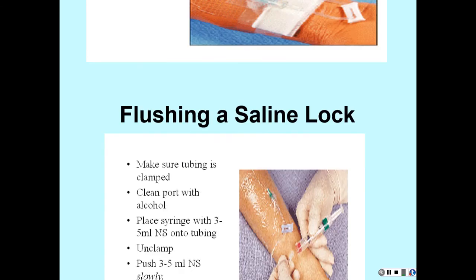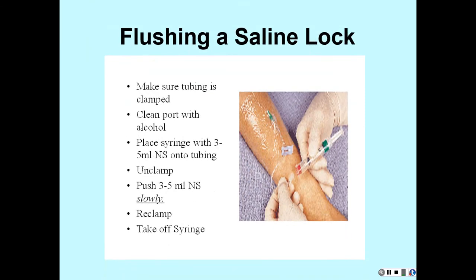Okay. To flush a saline lock, most of your extension sets will have a clamp on it, a slide clamp, not a roller. They don't usually have the roller clamp. They usually have what we call a little slide clamp.